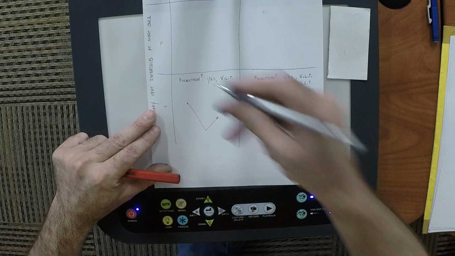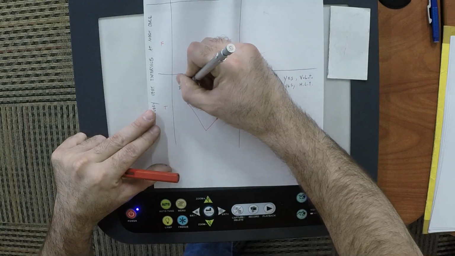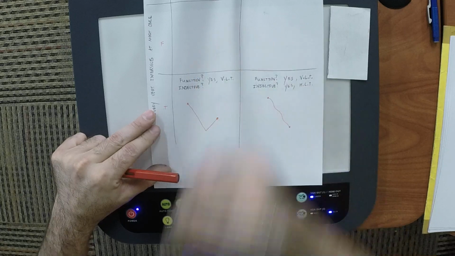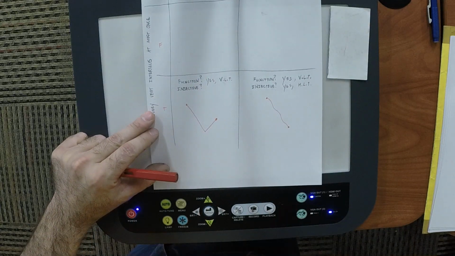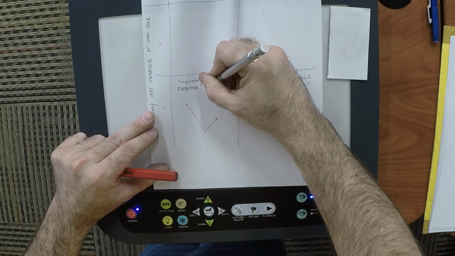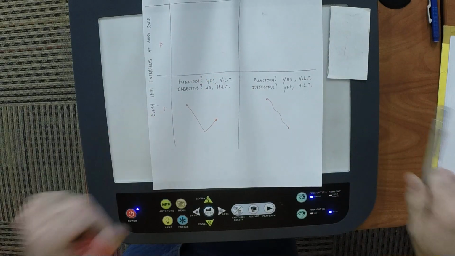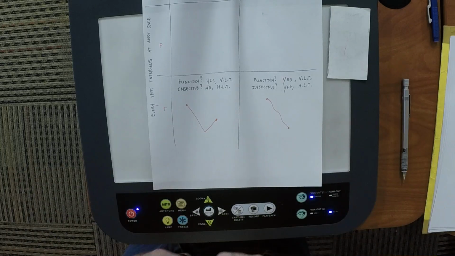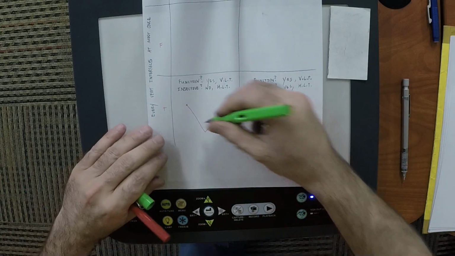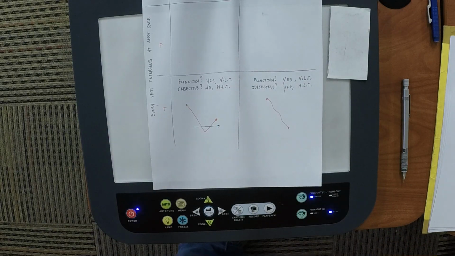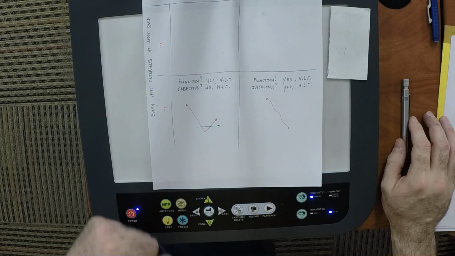Because it's a function, we can go on to ask, is it injective? And what's the answer? No, because of the horizontal line test. And when you say no, I need you to visually indicate your reason. So, for example, right here. Not injective.